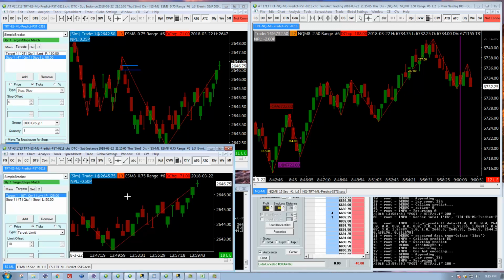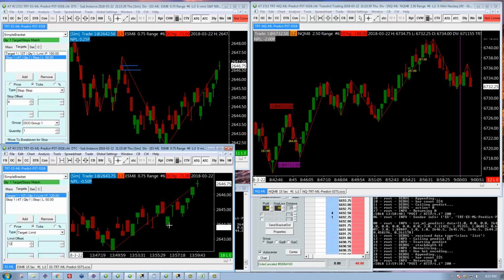So I ran this in Sim today, and what I'm looking for is the optimal set of settings for the ES, because once I'm comfortable with that, I'm going to start live trading it just like I'm live trading the NQ. So what I want is the entry that has a better entry with the bigger target. So this one should be a 12 tick target. So let's just make that change together right now.